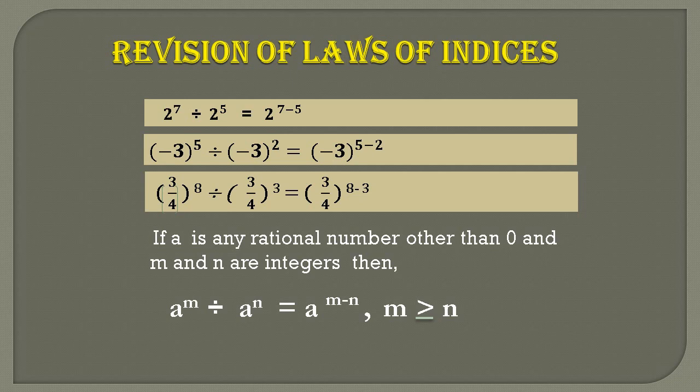In the third example, 3 by 4 raised to 8 divided by 3 by 4 raised to 3 is equal to 3 by 4 raised to 8 minus 3. Thus, if a is any rational number other than 0 and m and n are integers, then a raised to m by a raised to n is equal to a raised to m minus n. Here, m is greater than or equal to n.